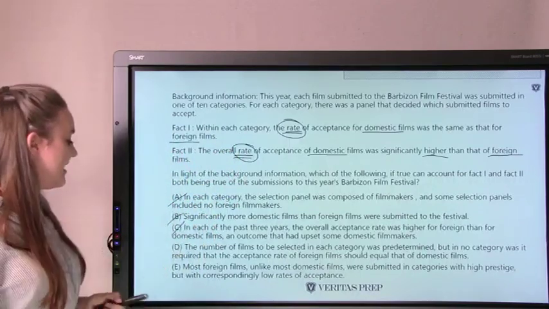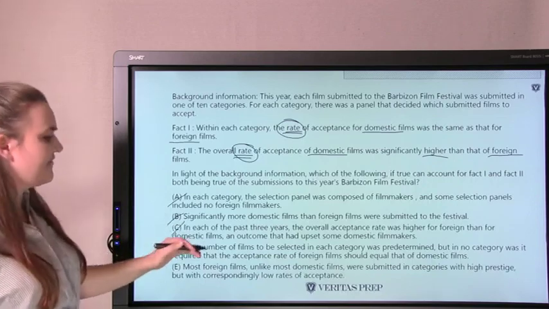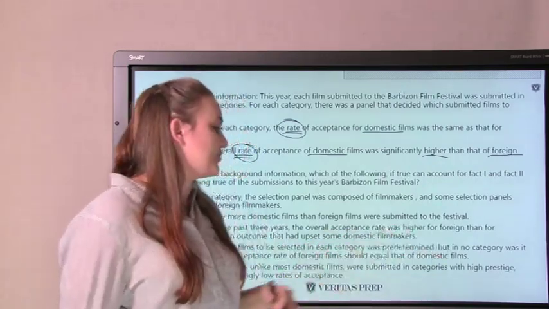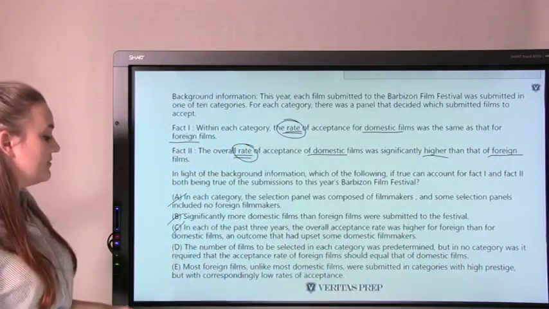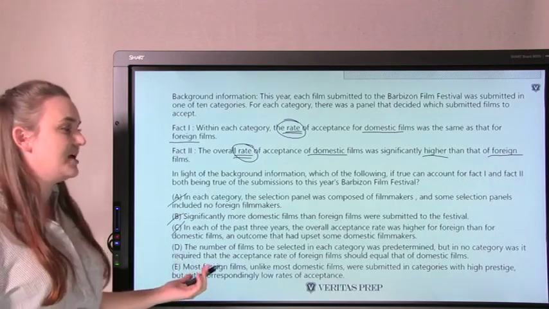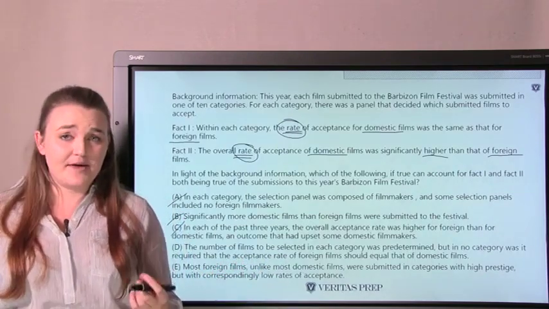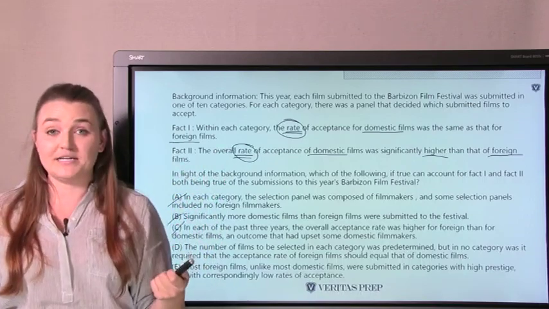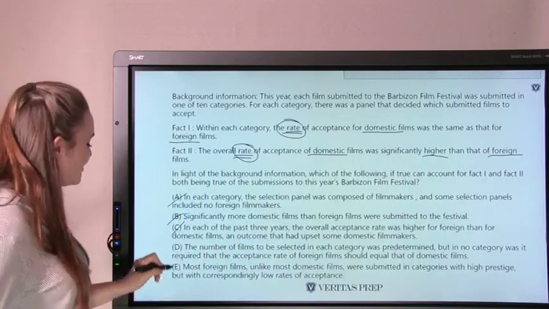So with that in mind, the number of films to be selected in each category was predetermined, but in no category was it required that the acceptance rate should equal. It may not have been a requirement, but it was a factual outcome we already saw, so that's pretty irrelevant to us as well.